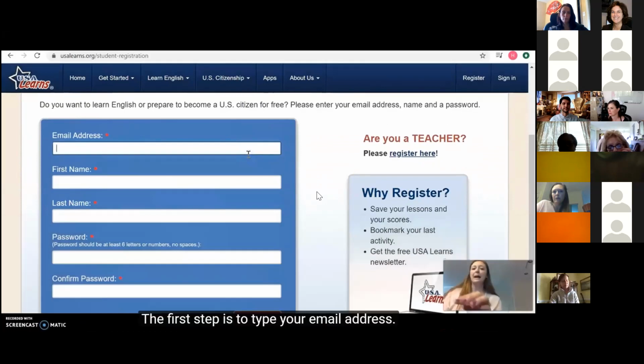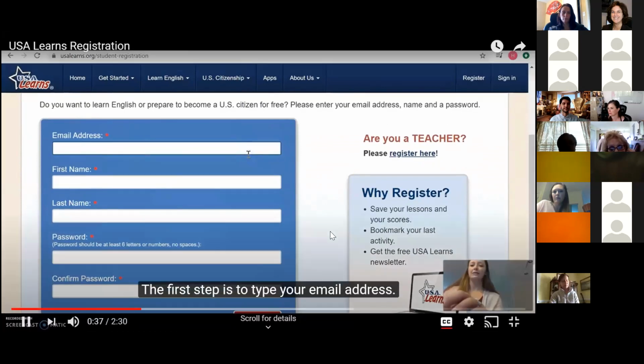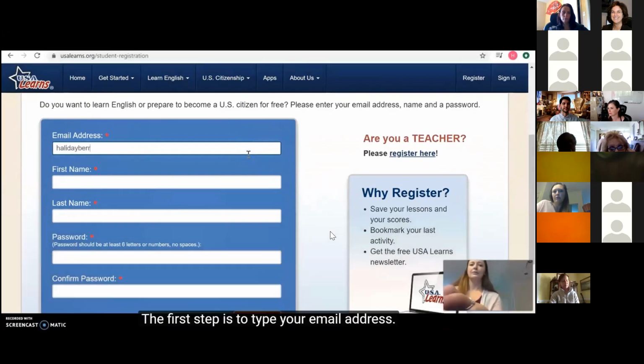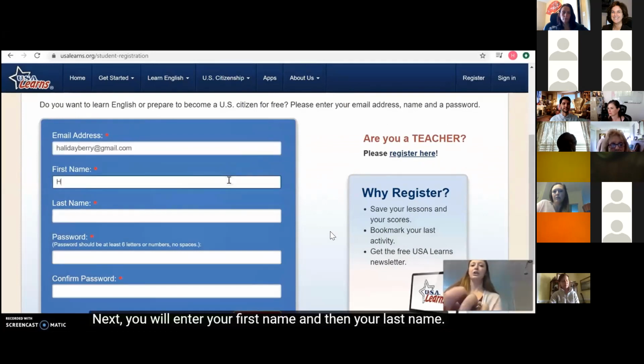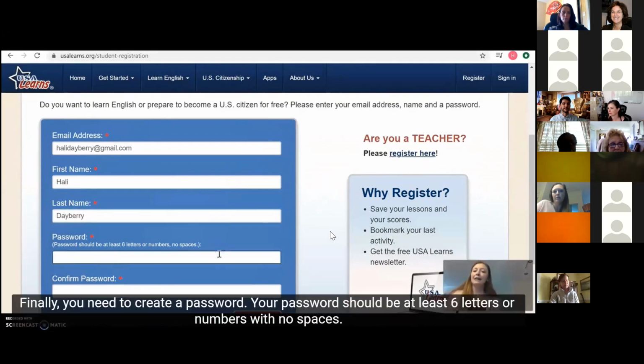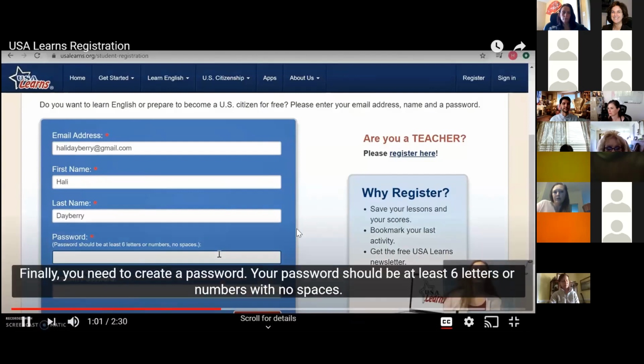The first step is to type your email address. Next, you will enter your first name and then your last name. Finally, you need to create a password. Your password should be at least 6 letters or numbers with no spaces.